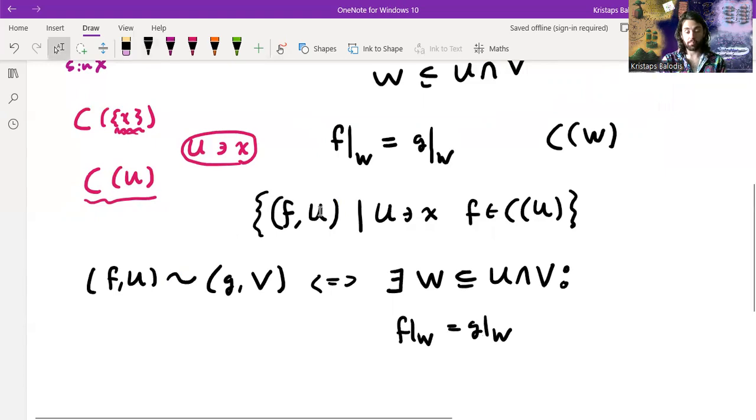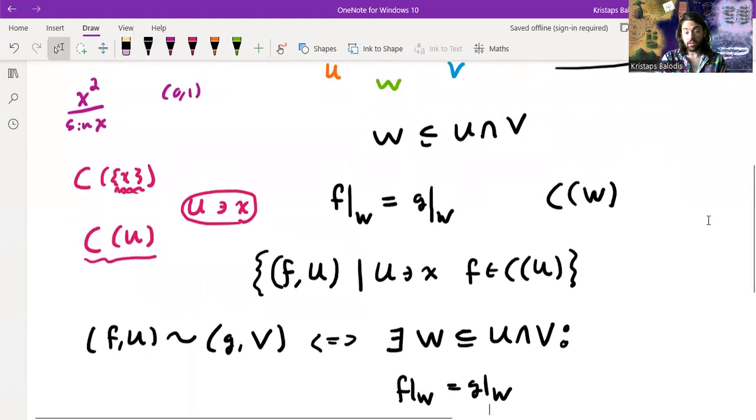So that's just capturing this above idea that if two functions eventually look the same on some open set, well, as far as this single point X is concerned, they're going to take the same value at X in particular, right? So I'm going to treat them as the same function.